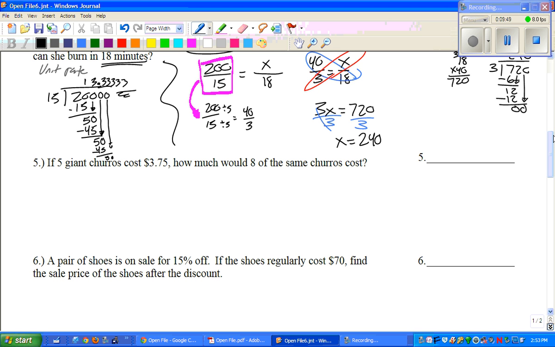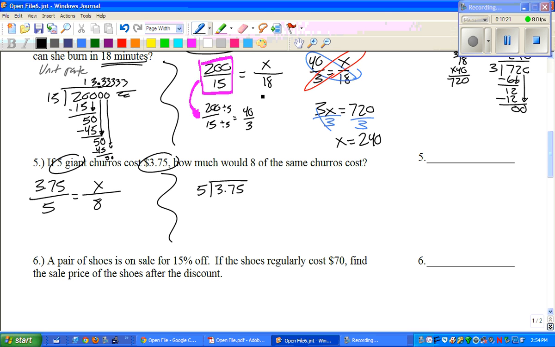Okay, if 5 giant churros cost $3.75, how much would 8 of the same churros cost? Once again, we can do this 2 different ways. We can set up our proportion, 375 over 5 equals 8 over x. You can cross multiply and divide, or we can find the unit rate. So 375 divided by 5. 5 does not go into 3, but it goes into 37 7 times.